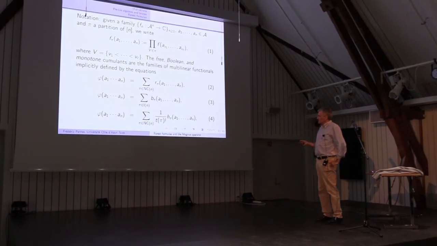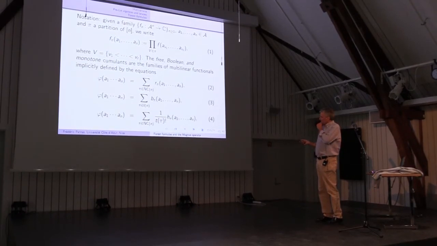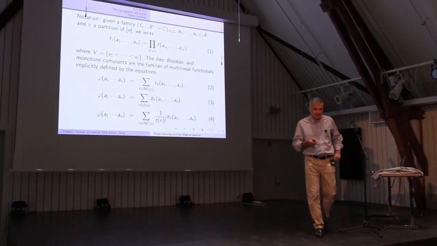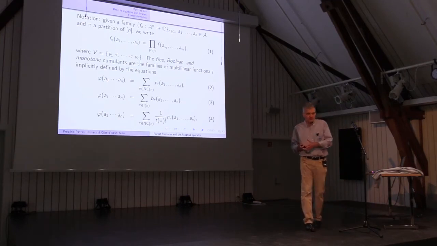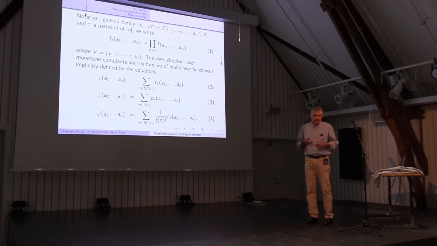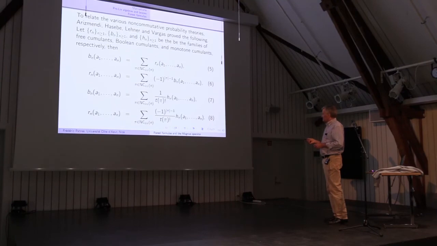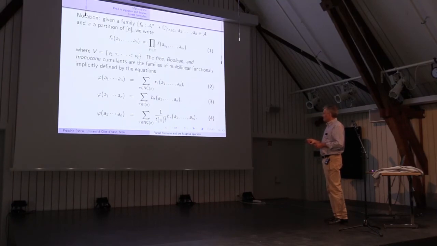Here instead the sum is over all non-crossing partitions of n, the set of the first n elements. So this defines the notion of cumulant in free probability, and as you can guess from what I explained at the beginning, if you have a good notion of cumulant, you have a good notion of independence, and essentially it characterizes the theory of probability you are going to handle. So this essentially defines free probability. This definition, where I'm looking now just at interval partitions, defines what is called Boolean probability, and there's a third theory which is slightly different.